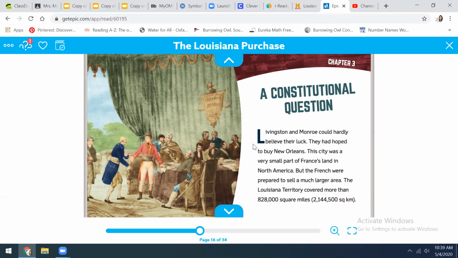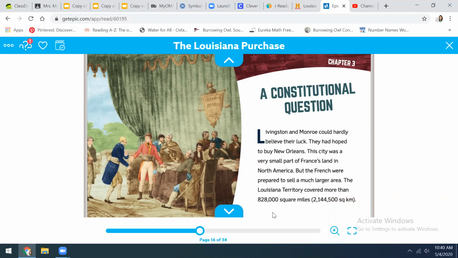All right, Livingston and Monroe could hardly believe their luck. Remember, Robert Livingston and James Monroe were like ambassadors that were trying to negotiate with France. They had hoped to buy New Orleans. The city was a very small part of France's land in North America. But the French were prepared to sell a much larger area.